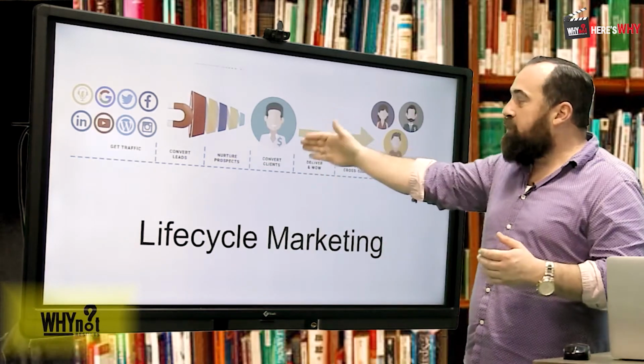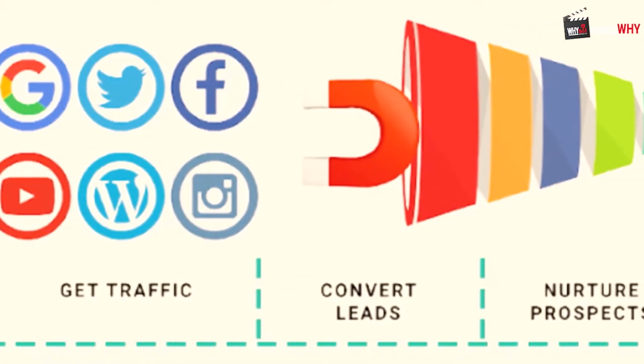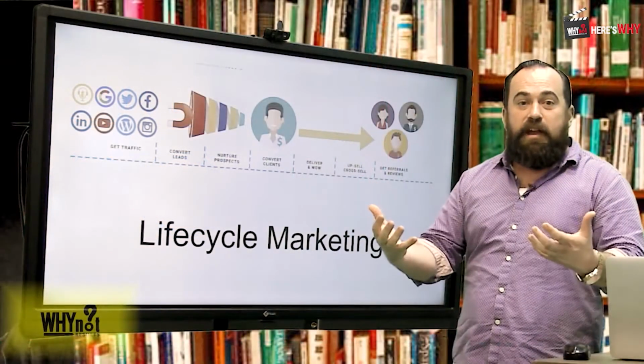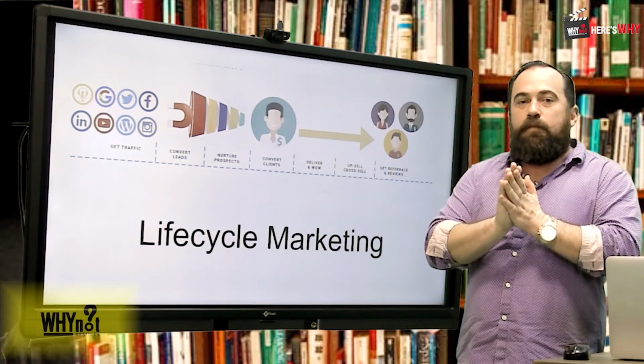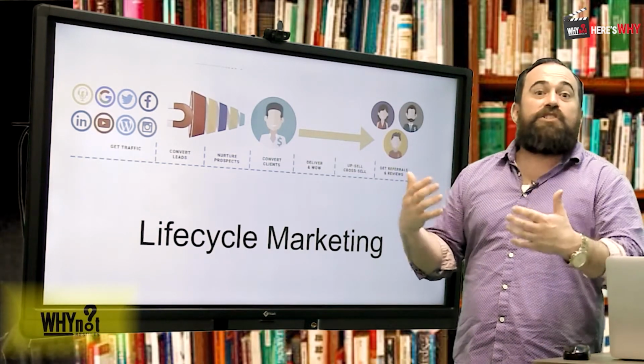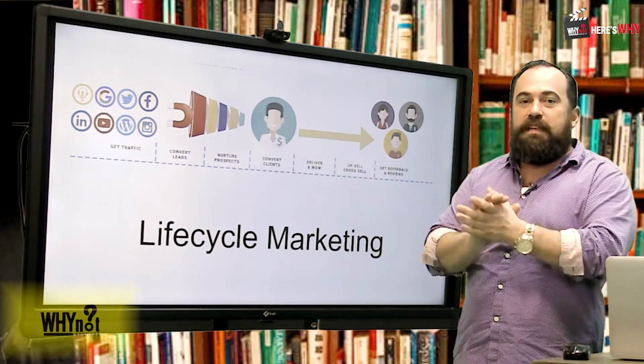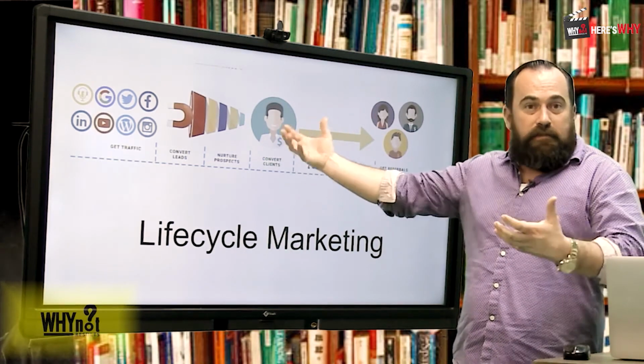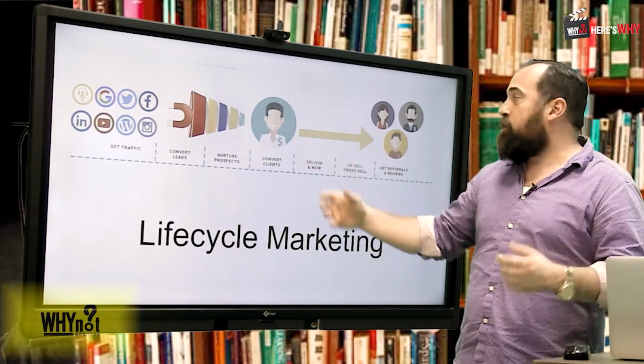Okay, the next stage is converting leads. And so when we look at that, this is getting people to give you some information. In most cases, giving information is in exchange for something of value, and we'll dig in deep on that when we go through the converting leads video in this series as well.